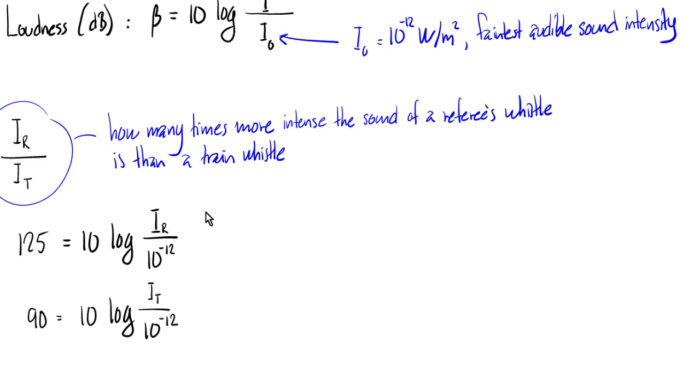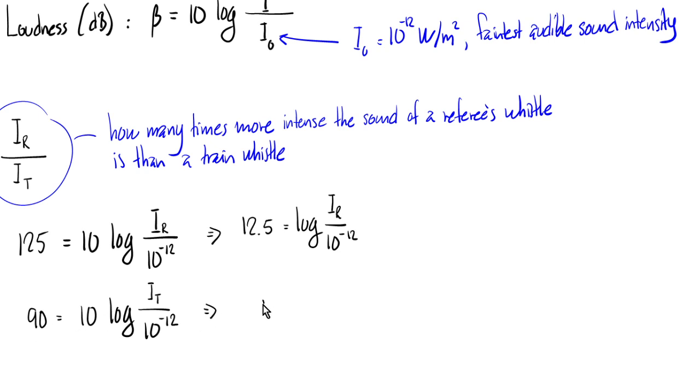The first step in both of these equations would be to isolate the intensity, so we can divide both sides by 10 to get rid of this constant here. So here we're going to get 12.5 equals log of the intensity over the constant. We're going to do the same thing here: divide both sides by 10.